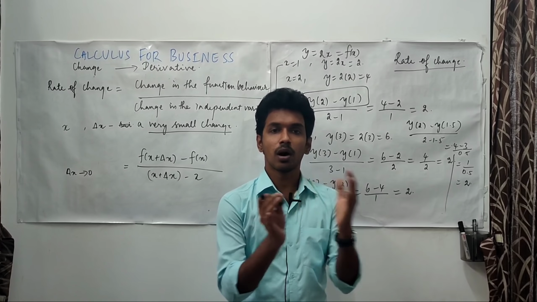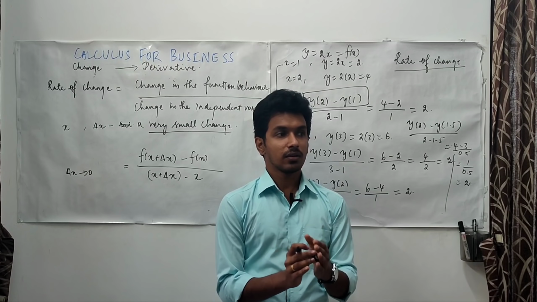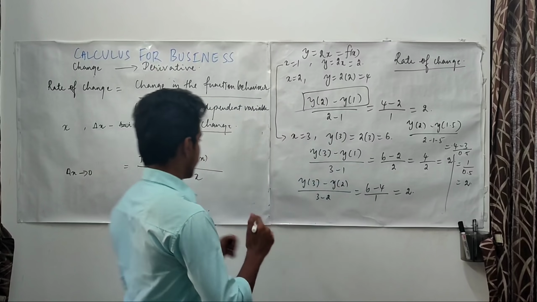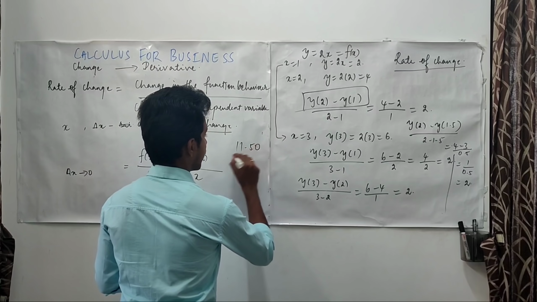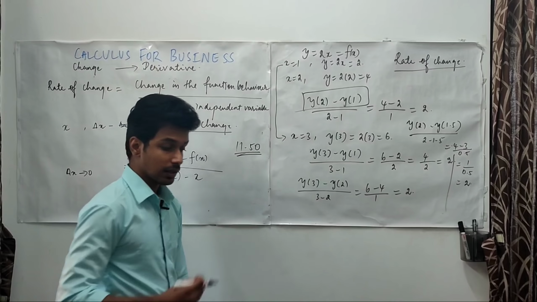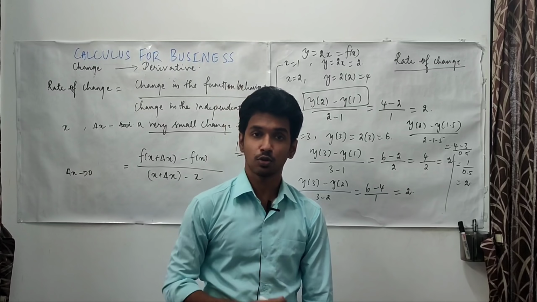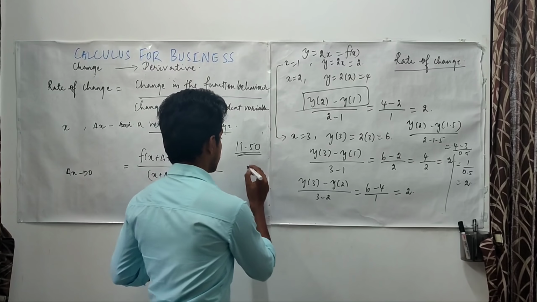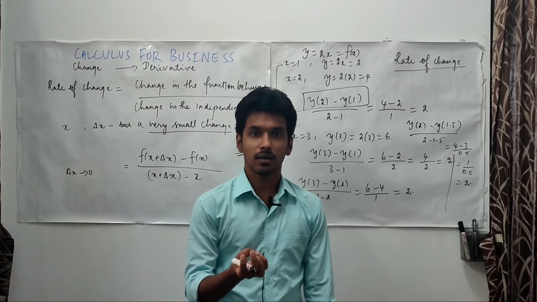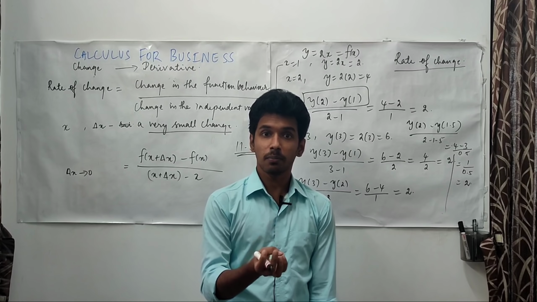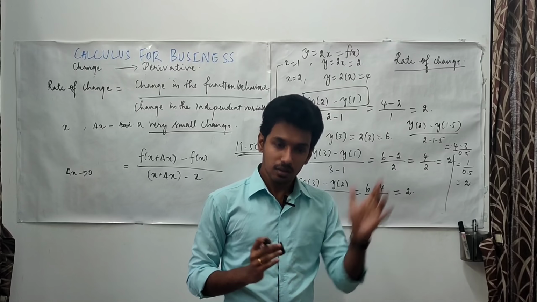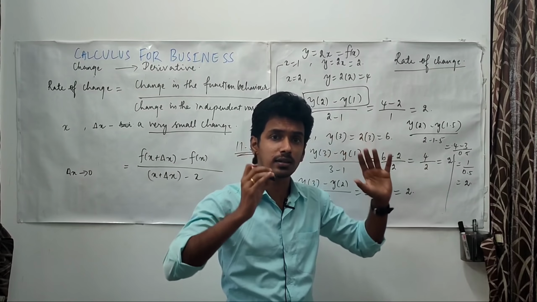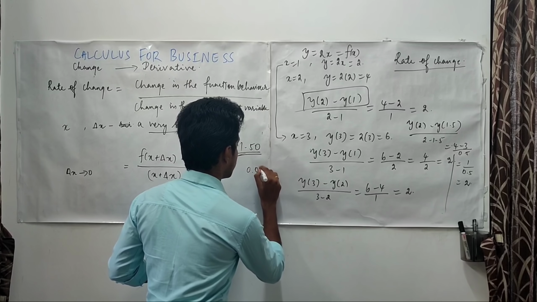If I am running a very small industry where each paisa matters, and I have to get 11 rupees 50 paise from a person, even that 50 paise matters to me. In that case, my small change would be what? 1 paise. Even that 1 paise is big to me, in the sense I have to consider that 1 paise as a big quantity, which means I'll have to consider something like 0.001.